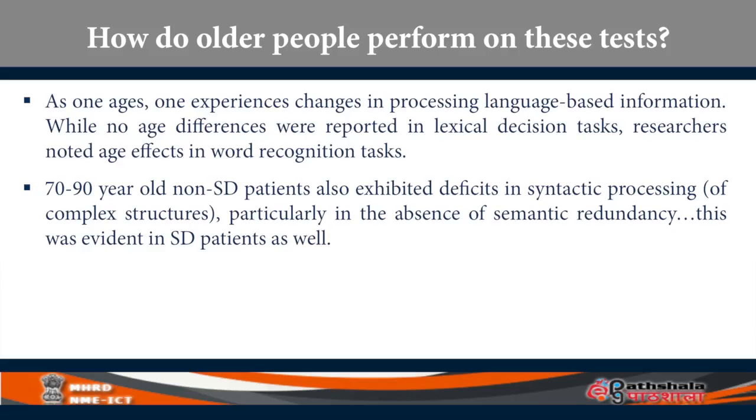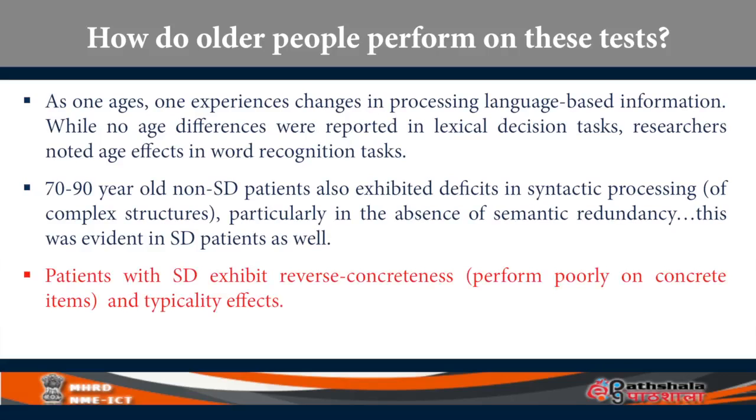In such cases older people exhibit some impairment in processing sentences, which is somewhat similar to the syntactic impairment that you note in semantic dementia patients. But patients with semantic dementia, their main problem is with lexical semantic representations.